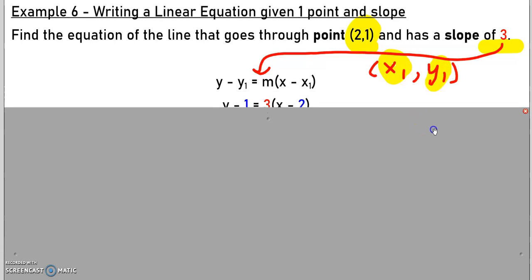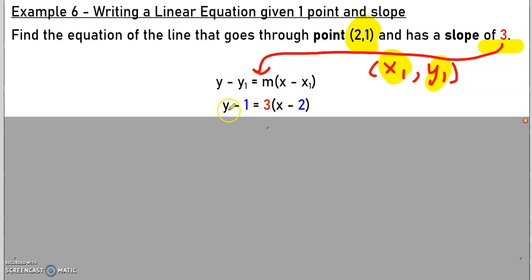So take a look at what this looks like. y minus 1, because that's my y1, equals 3, because that's my slope, times x minus my x1, which is 2. We are only changing the variables that have m, the x1 and the y1. We leave the other two variables alone. And guys, from here on out, we just solve this and simplify.